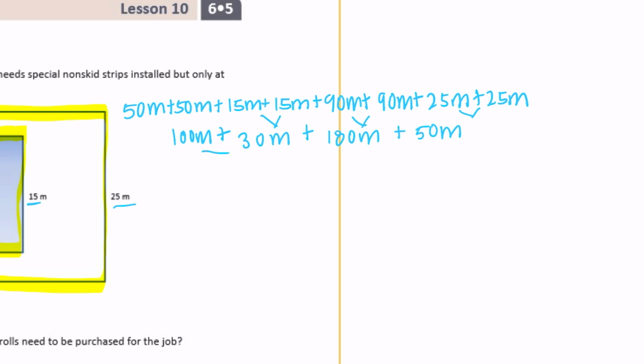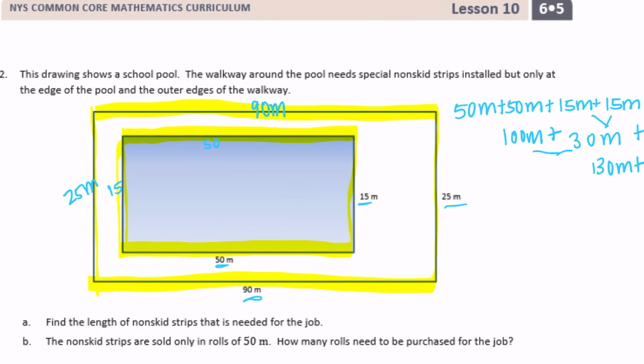Let's see, we have 130 meters plus 180 plus 50 would be 230 meters. 130 plus 230 would be 360 meters. So the length, 360 meters, would be needed for the job.